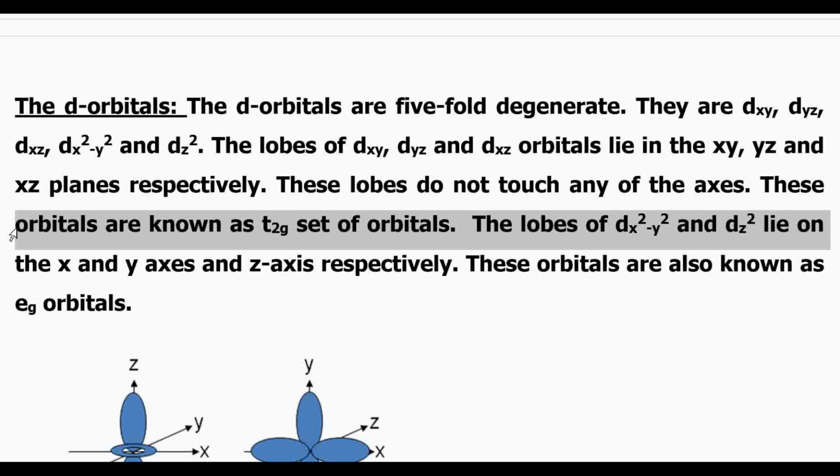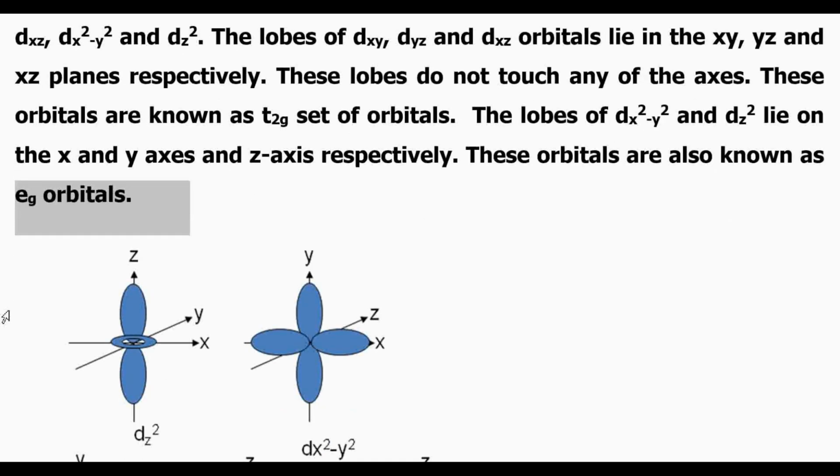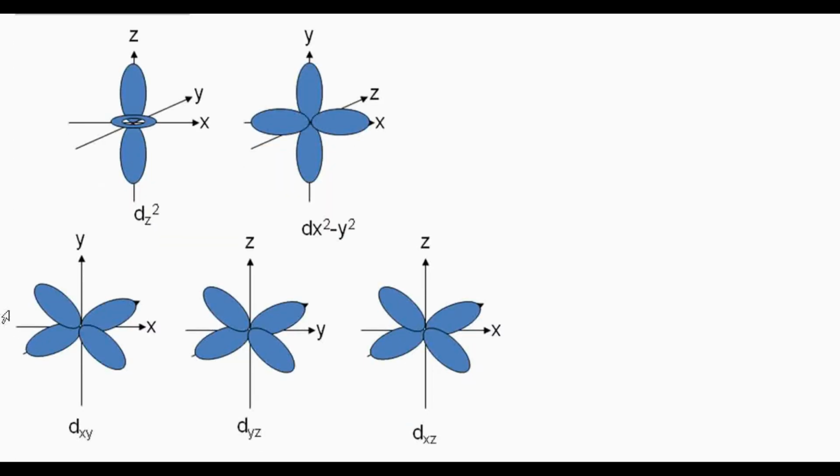Whereas the dx square minus y square and dz square orbitals are known as EG orbitals. The name for dxy, dyz and dxz is T2G, and the name for dx square minus y square and dz square is EG.